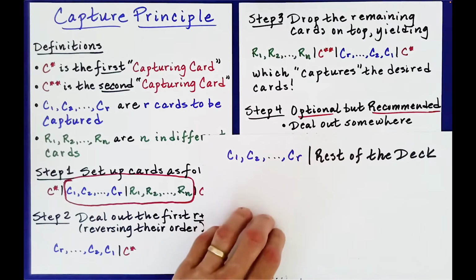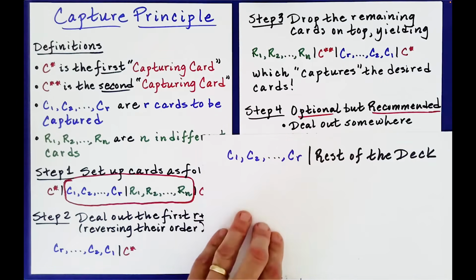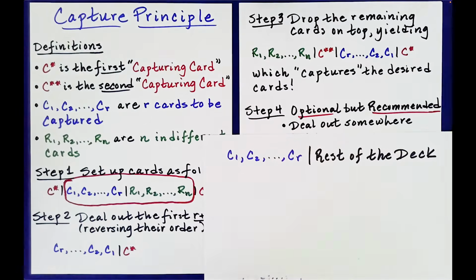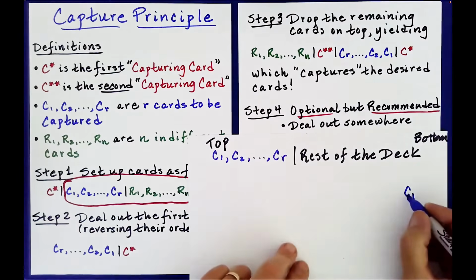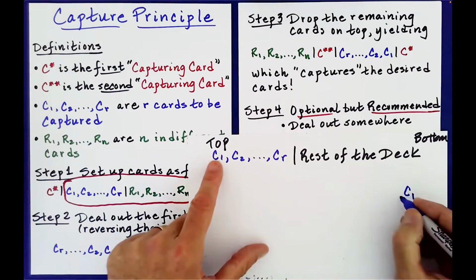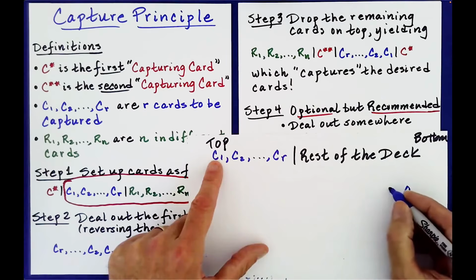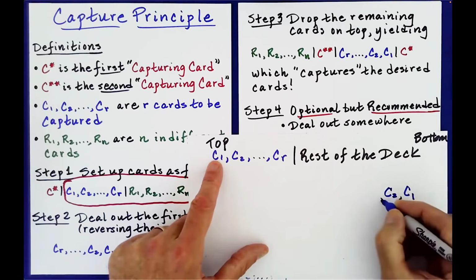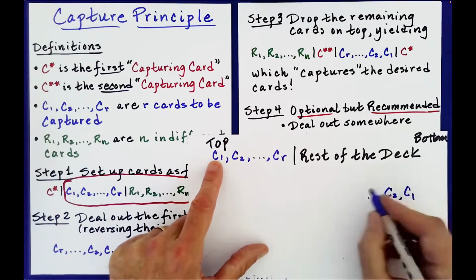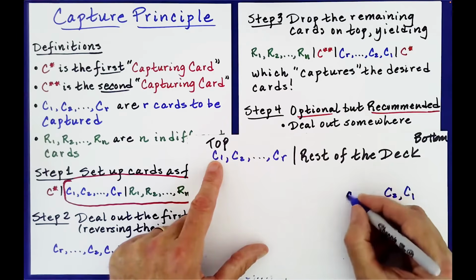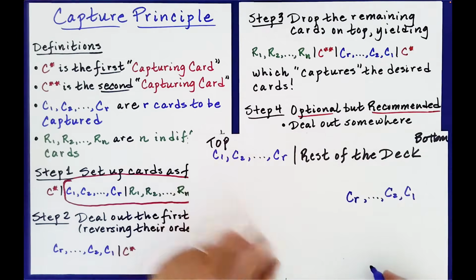Now, as you know, when you deal cards to the table, it reverses the order. So it'll actually be, this one goes to the bottom, and then C2 will go next, and then however many capturing cards you have, it's important that you deal those out.